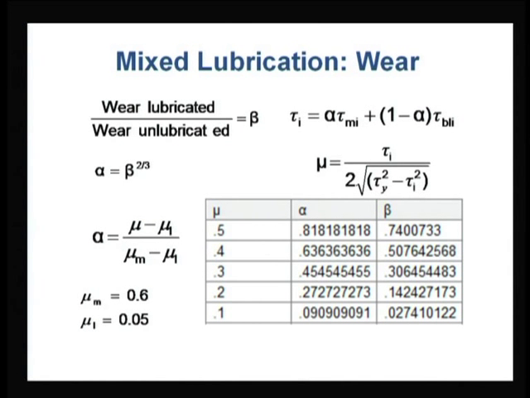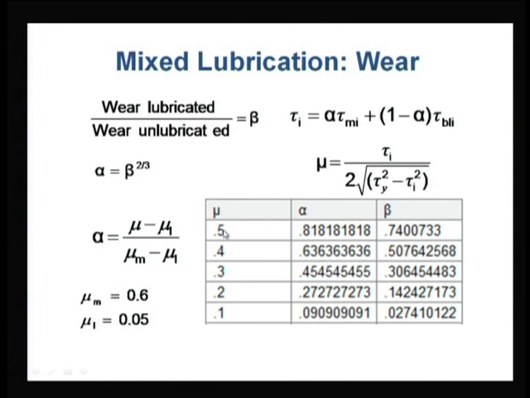So, this is a theoretical study, but let us take an example where mu is equal to 0.5. That means whatever the real condition, the mixed lubrication condition we did, with some liquid lubricant and some boundary additives, the coefficient of friction turned out to be 0.5. Again, as a hypothetical.